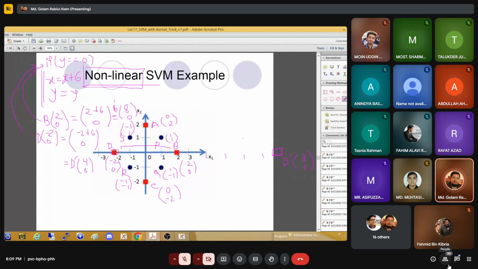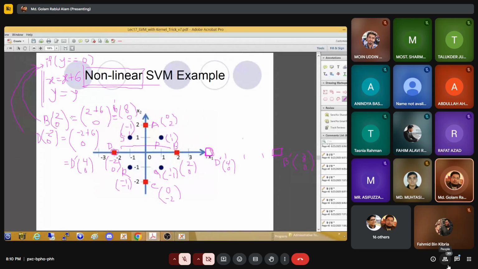So here is the 3, this is the 4. Okay, so this is the position of our d prime. This is our d prime now. That is the 4 and 0.